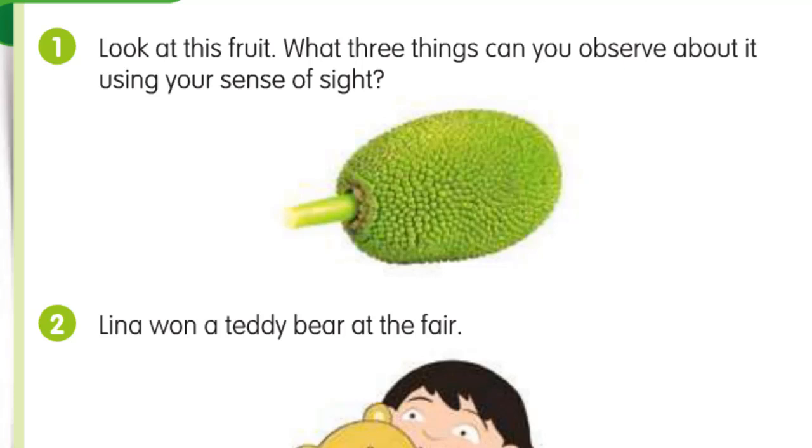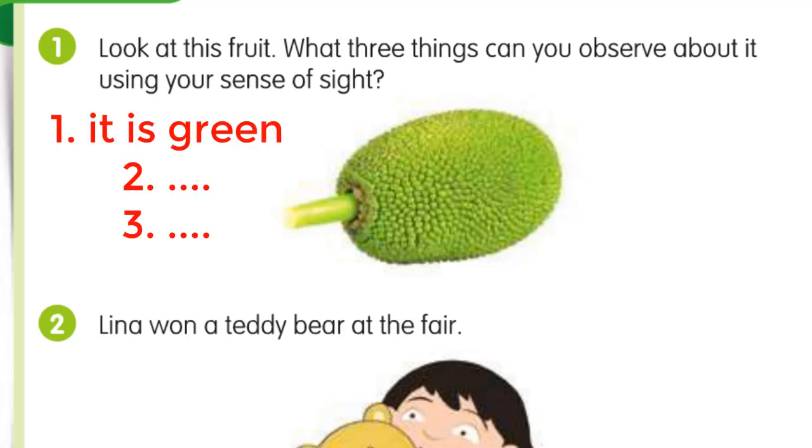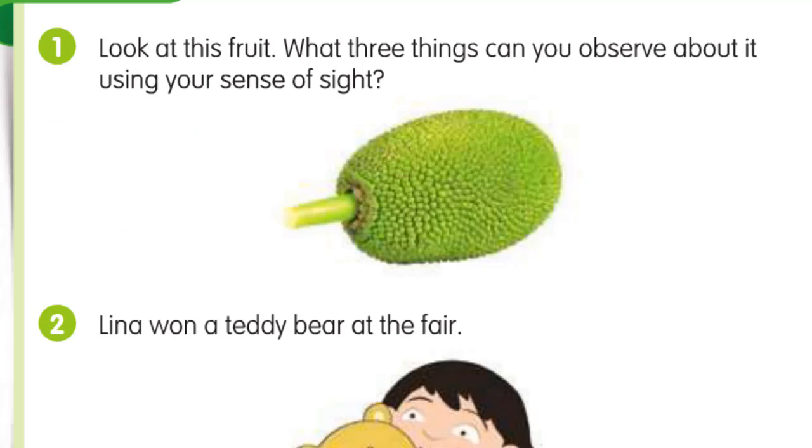Nah, sebutkan 3 hal yang bisa kamu temukan atau amati dari benda ini menggunakan sense of sight, indera penglihatanmu. For example, number one nih ya, Mr. Adit menggunakan indera penglihatan Mr. Adit. It is green, warnanya hijau. Terus yang lainnya apa lagi nih? Ya, yang bisa kamu lihat dari benda ini selain warnanya hijau. Sebutkan 3 hal.